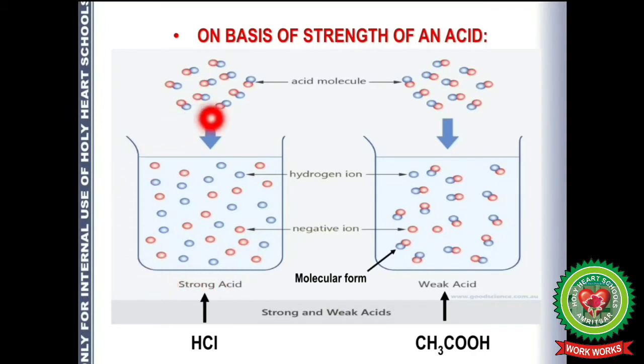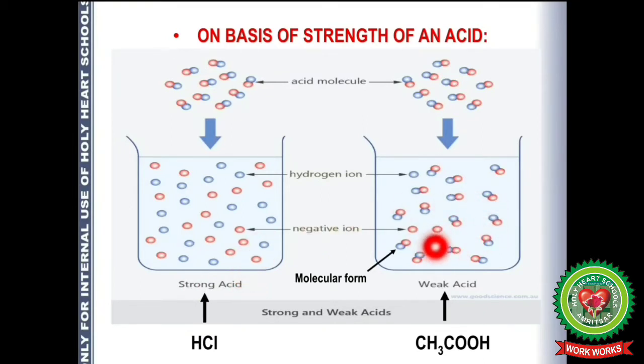There is the acid which can completely ionize and the acid which has a tendency to partially ionize. When the acid completely ionizes, it will form more hydronium ions. Since hydrogen ions are more in this case, they will combine with water and form more hydronium ions. So the hydronium ion concentration will be very high. Therefore these acids are termed strong acids.